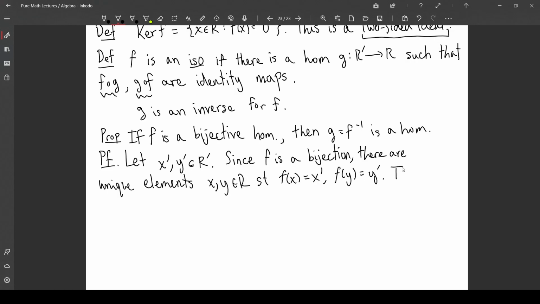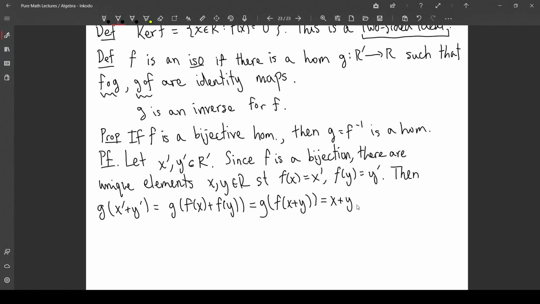All right. Then G of X prime plus Y prime is equal to, plugging in these identities for X prime and Y prime, G of f of X plus f of Y. And now, since f is a homomorphism, we know f of X plus f of Y is f of X plus Y. And since G and F are inverses, this is just X plus Y. And furthermore, since f of X equals X prime, that means that X equals G of X prime.